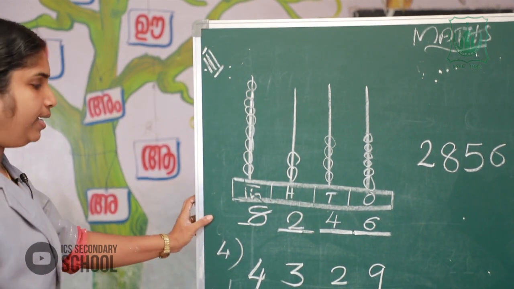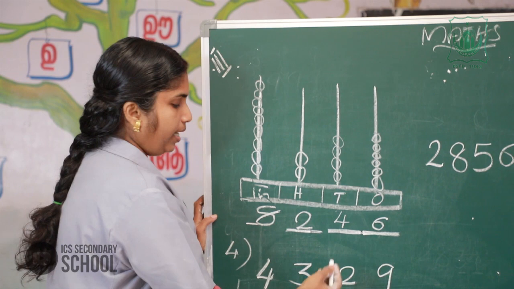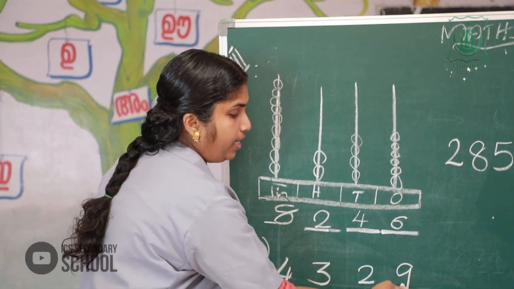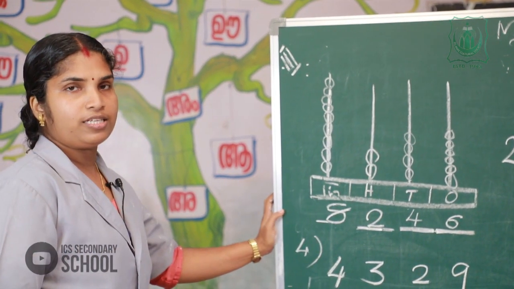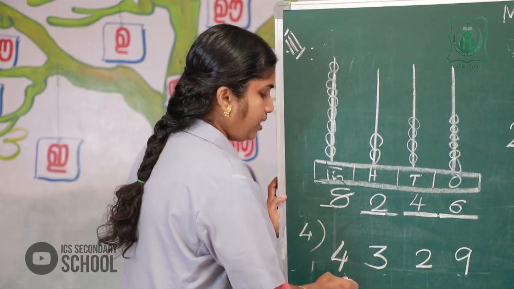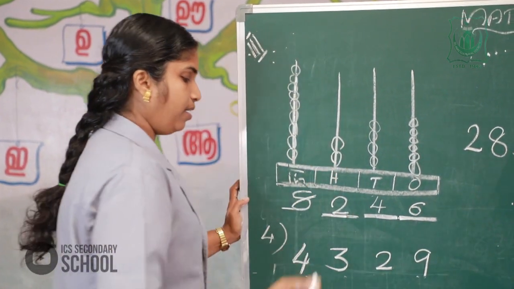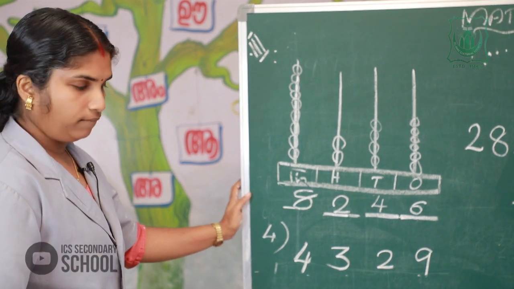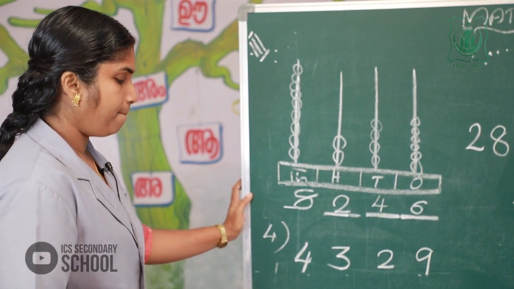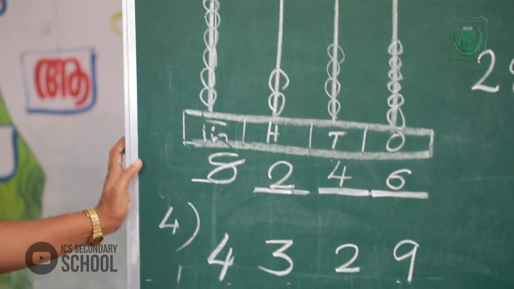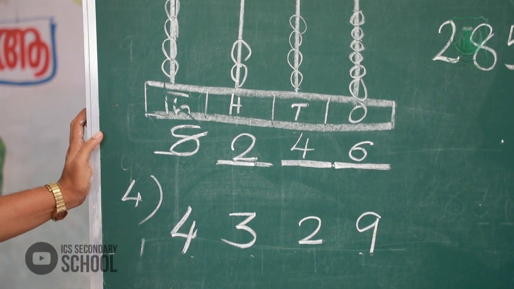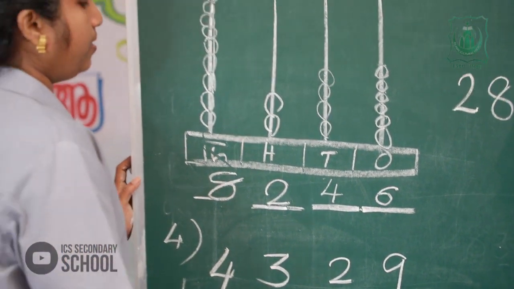We get the number 4329. Got it? Okay, have you finished? Yes.